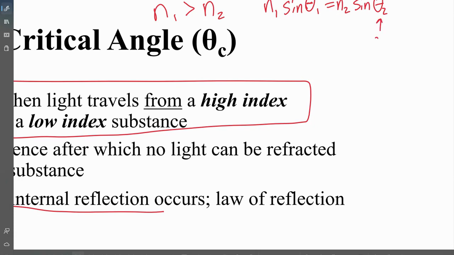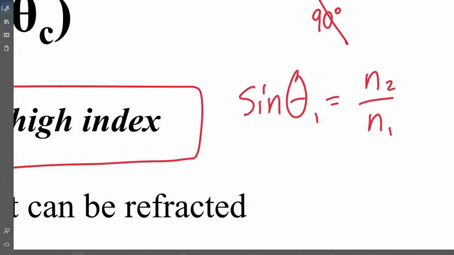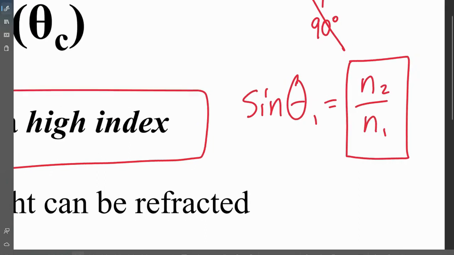We want theta 2 to be 90 degrees. Okay, so 90 degrees, that gives us 1, which means sine of theta 1 has to equal n2 over n1. You will only ever get a number that is impossible to calculate when this is greater than 1.